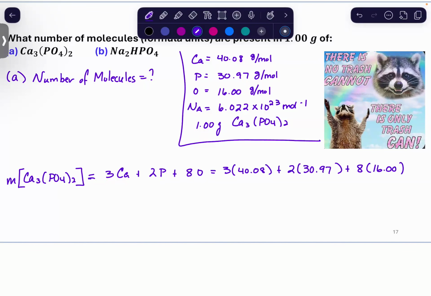And so calcium phosphate is going to come out to be 310.18 grams per mole.